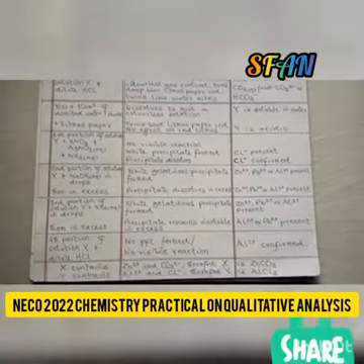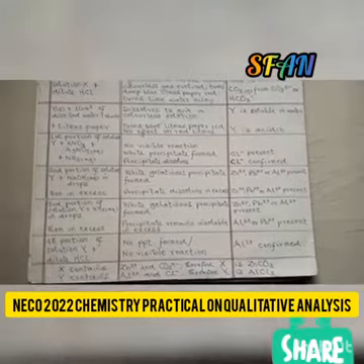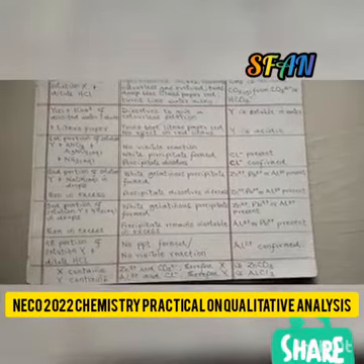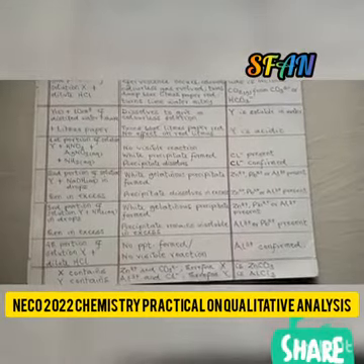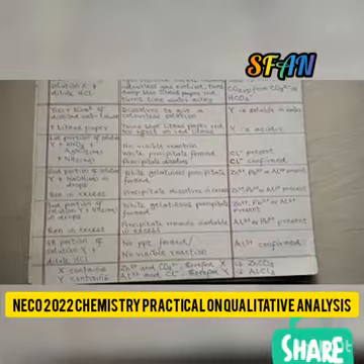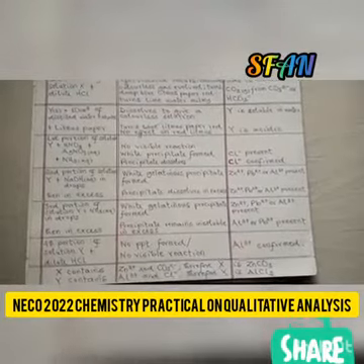Then to the first portion of Y, remember we divided Y into 4 portions. To the first portion of solution Y, we added trioxonitrate(V) acid, followed by silver trioxonitrate(V), and then aqueous ammonia.